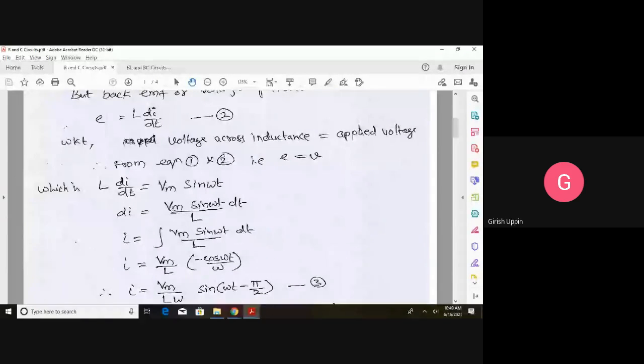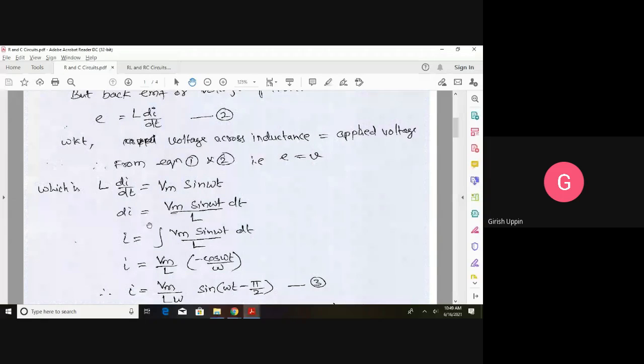Vm is the peak value of the applied voltage, that is constant, and self-inductance for a particular inductor is also a constant. So Vm by L is constant. Now this is a small fraction of the current. If I want the instantaneous value of the current, then I have to integrate this equation on both sides.